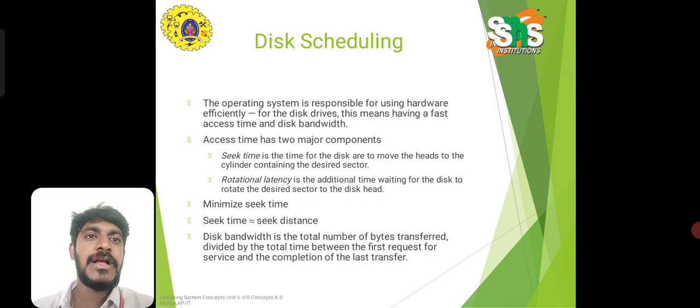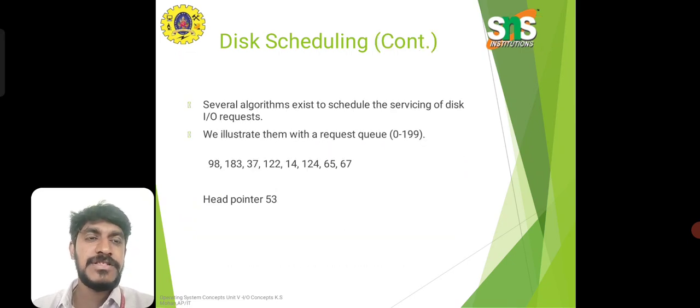So disk scheduling involves this kind of process. Next, with disk scheduling, take a request queue with cylinders 0 to 199, where the head pointer is at 53.